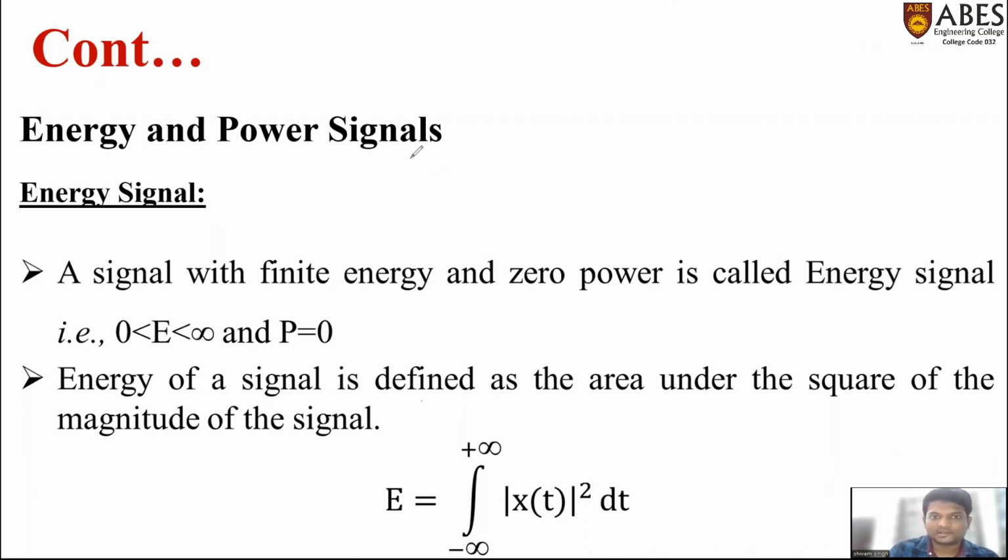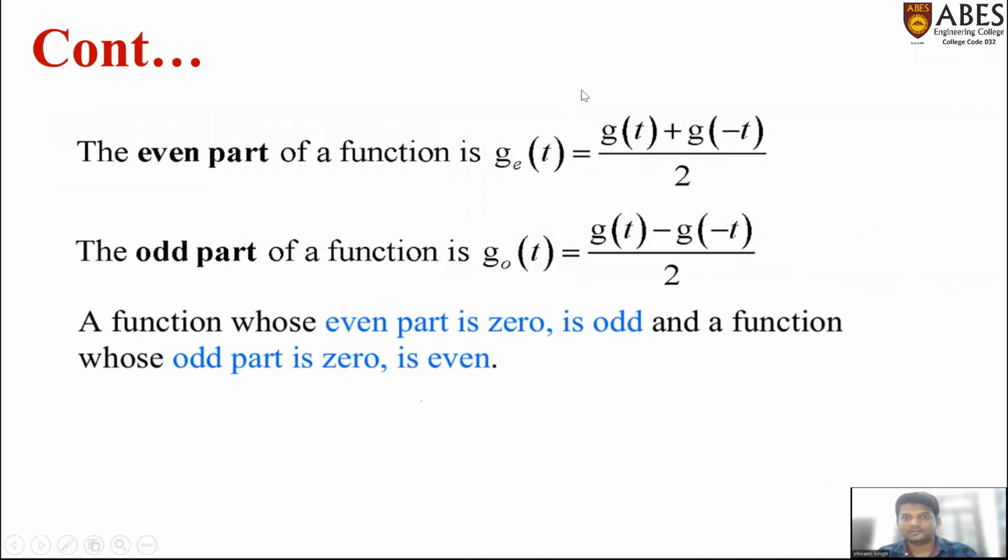Here, g of t is the original signal, and g of t will be the combination of g e of t and g o of t. g e means the even part of g of t, and g o means the odd part of g of t.